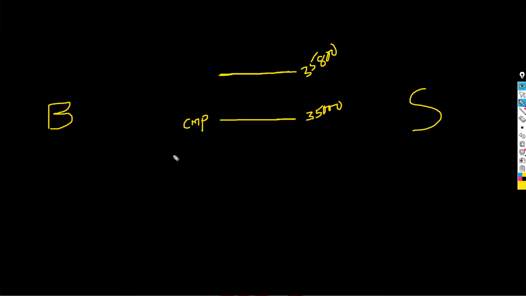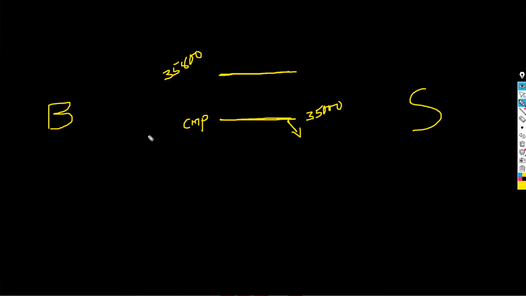We will talk about 5 different market conditions. Let's say you bought 35,800. For your safety, I'll put 35,800 here, or else you'll get confused. Scenario number 1: what if the market goes down from 35,000 to 34,900?